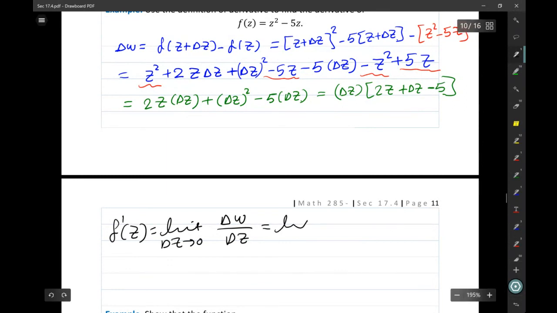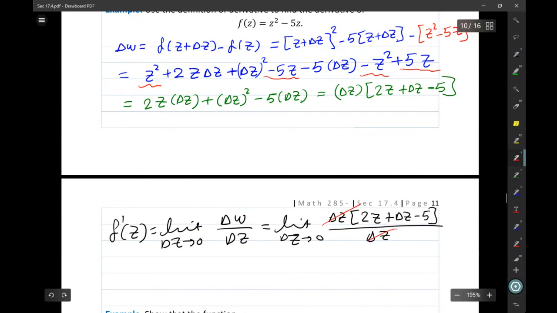This is delta w, delta z times (2z plus delta z minus 5), divided by delta z where delta z approaches 0.